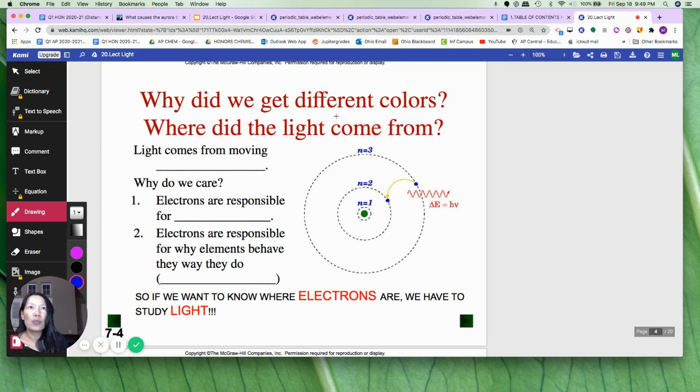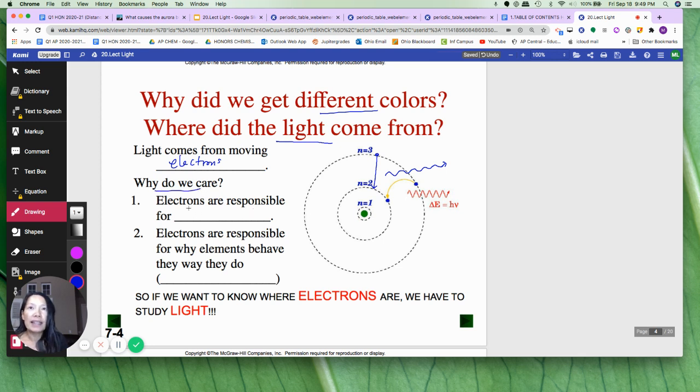So the question is, why did we get different colors, and where did the light come from? The light comes from moving electrons. Specifically, as it jumps from one energy level down to a lower energy level, it gives off a radiation. Okay? Or light in our case. Electrons, why do we care?